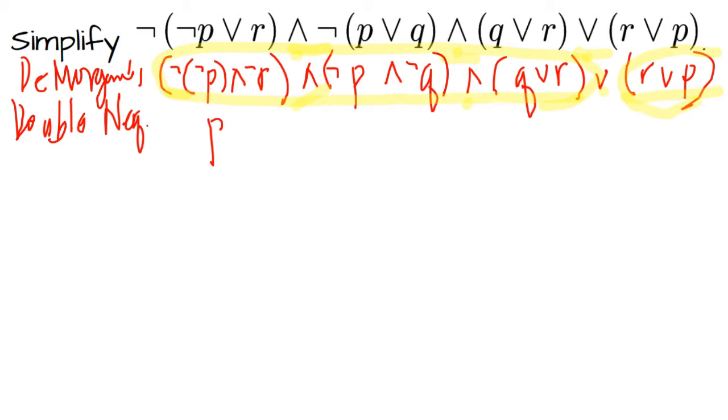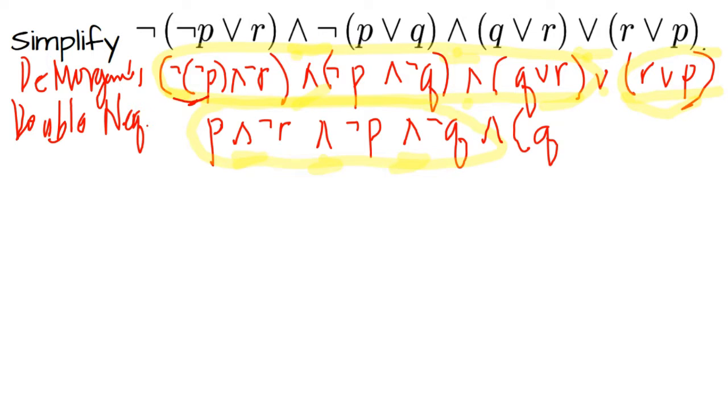So the negation of P will become P, and not of R, and not of P, and not of Q. So it is noticeable here that the operator is all ANDs. So therefore associative can be executed in these statements.